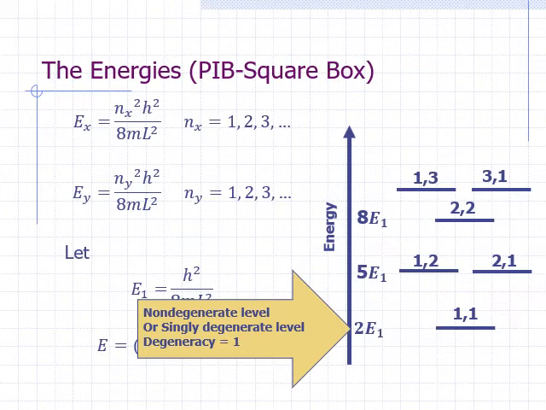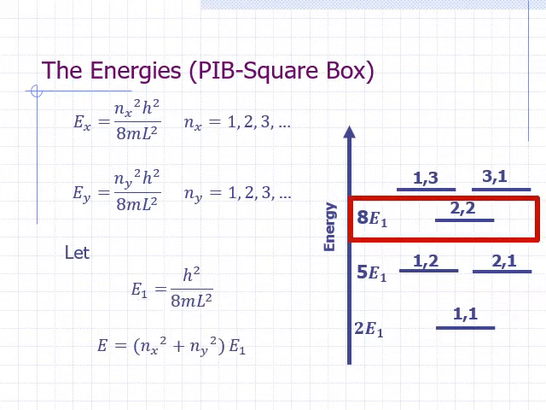We say that the degeneracy of the level is 1. The second excited energy level should be when both quantum numbers are equal to 2. 2 squared plus 2 squared equals 8. So the energy of the particle would be 8 times E sub 1. And we can see that this level is non-degenerate.